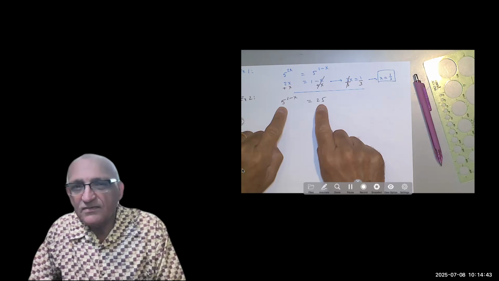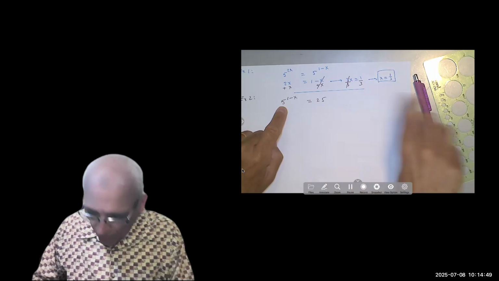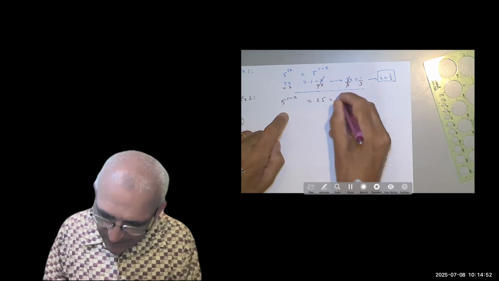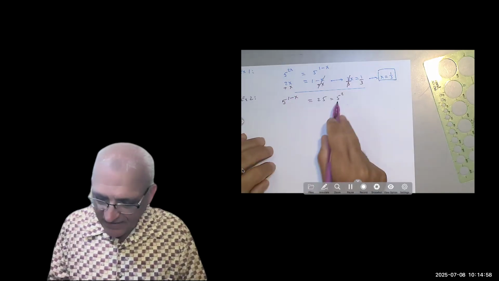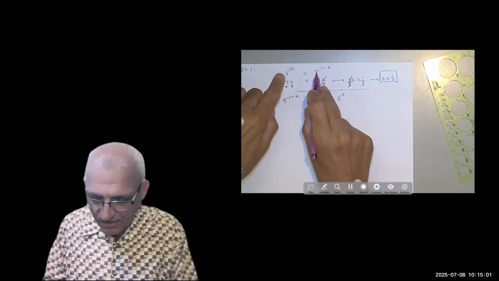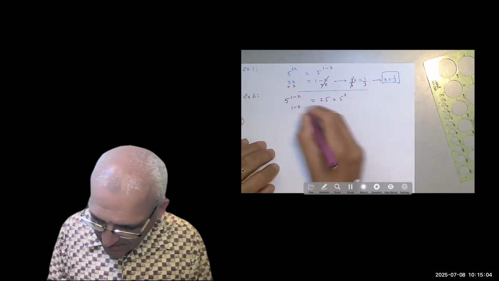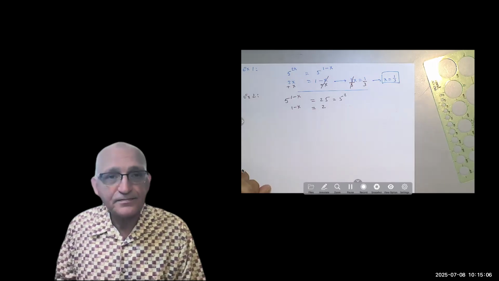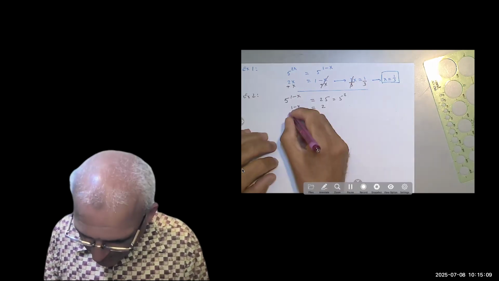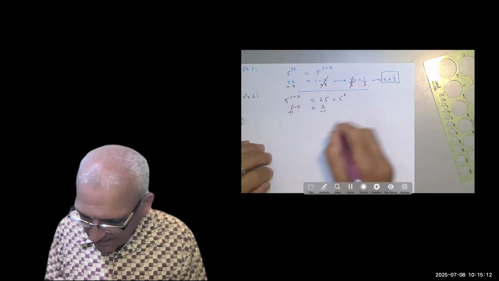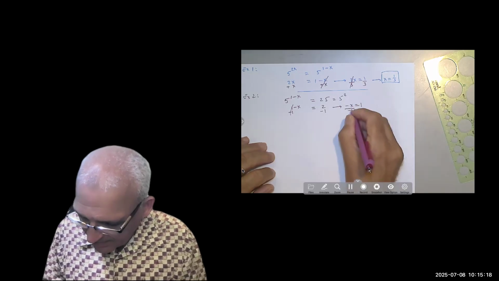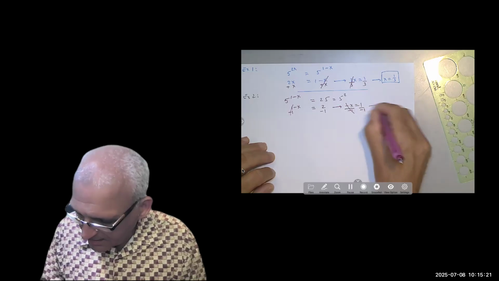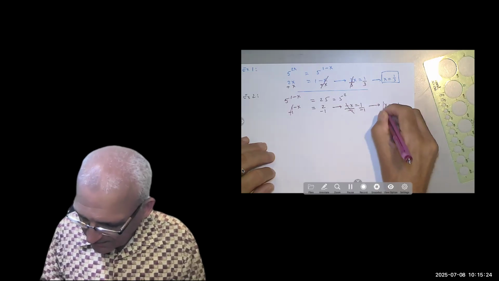What is 25 in terms of 5? It's 5 times 5, right? Or it's 5 squared. So now, with the same base as before, 1 minus x would equal 2. Which means if I subtract 1 from both sides, I get negative x equals 1. Divide both sides by negative 1. I get x equals negative 1.